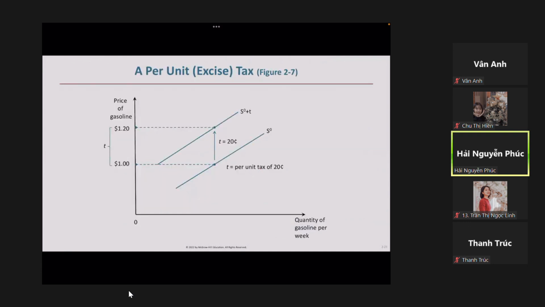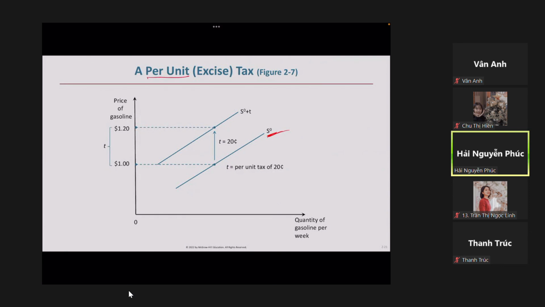The effect of excise tax and ad valorem tax would be slightly different if we illustrate on the graph. Here's an example. S0 is our initial supply curve. Suppose the government applies a per unit tax equal to 20 cents.